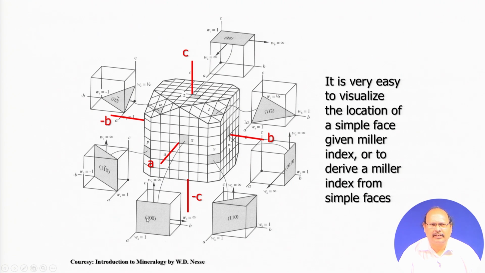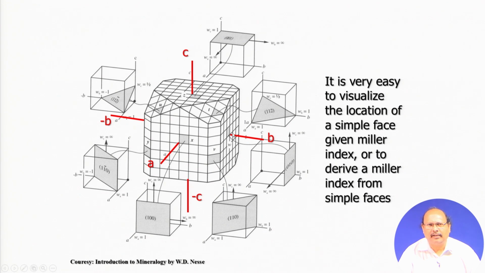So, 0 essentially refers to that it is parallel to those crystallographic axes. So, this is 1 0 0, it is parallel to the two crystallographic axes. Here this intersects B, this intersects A, but it is parallel to the C crystallographic axis. So, in the position of C, this will be 0 here. So, if it intersects a unit distance along A and a unit distance along B, we call it 1 1 0.